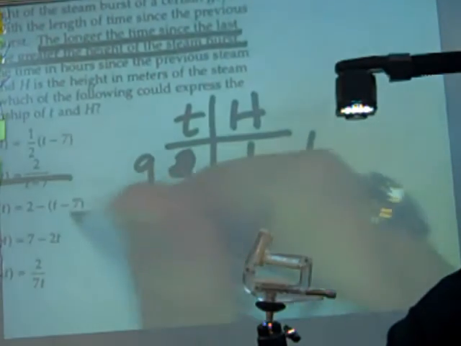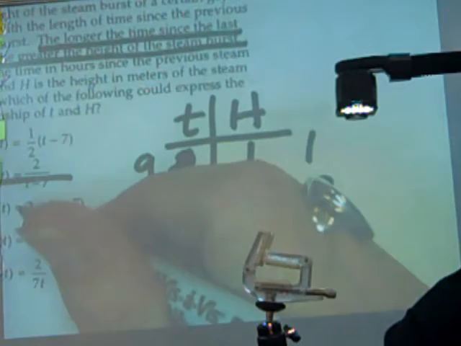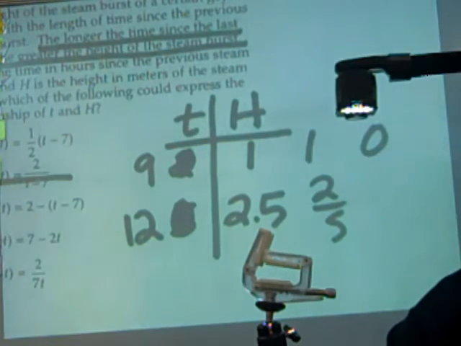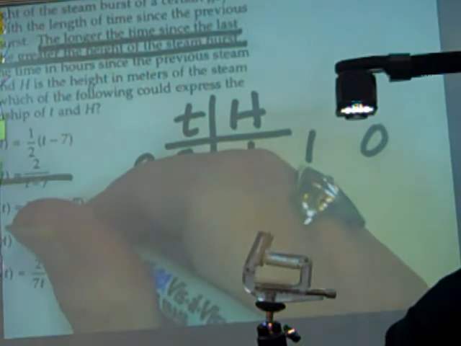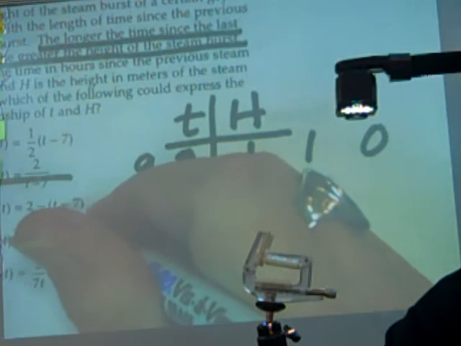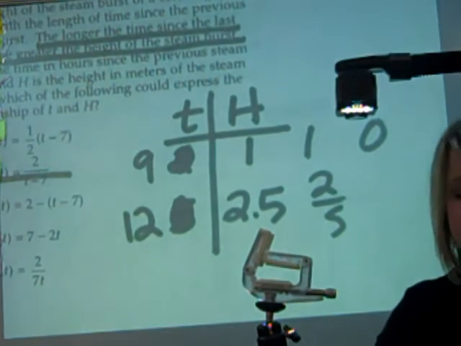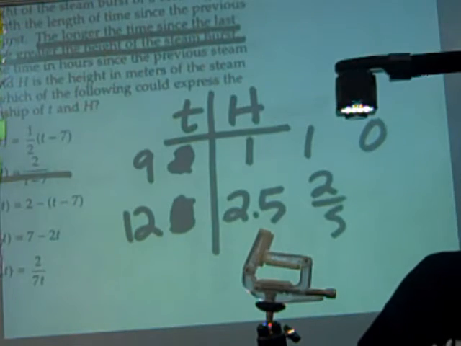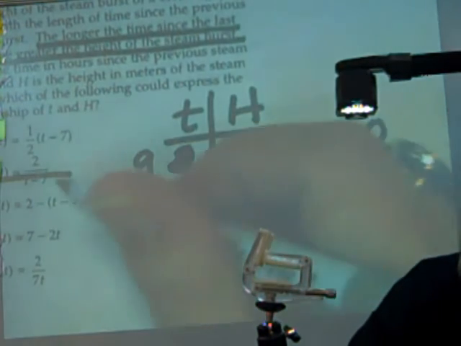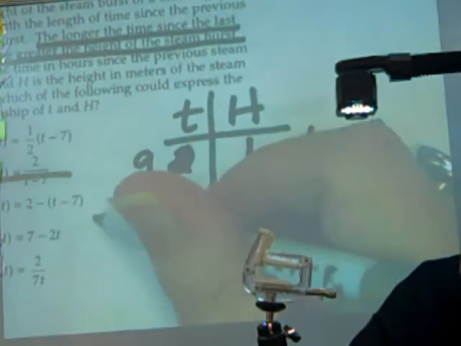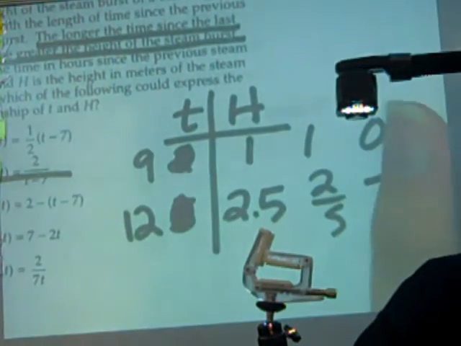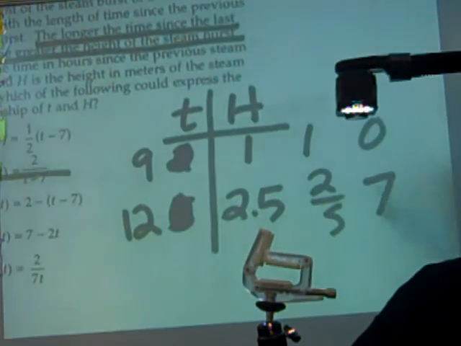Alright, the next one, if I plug in 9, I get 2 minus 2, which is 0. If I plug in 12, I get 2 minus, what is that? 2 minus a negative 5, so that'd be 7, right? So that made it go up.